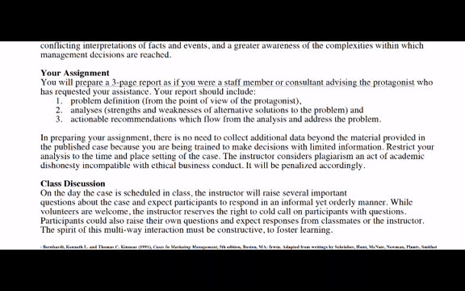So, when we are in the class, assume that you are interacting with the protagonist, who is me. And so, I will try to bring up questions that will test you on your analysis and recommendations, and then try to generate some consensus and give you some closure at the end.